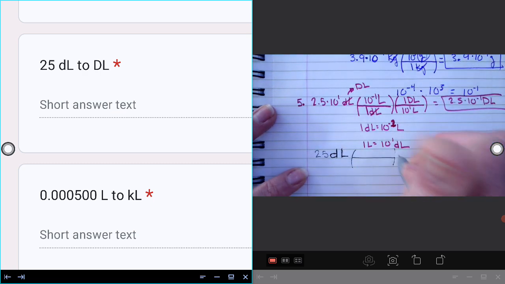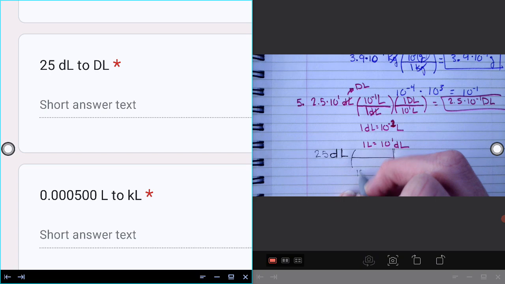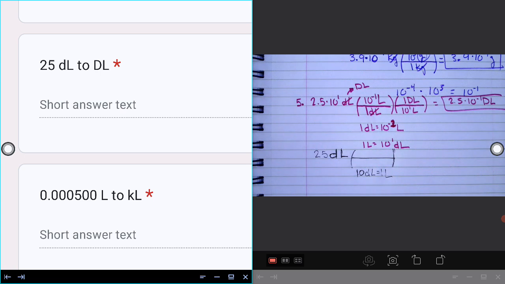So when you looked at your table, you should have known that a deciliter is 1/10 of a liter. So there are 10 deciliters in 1 liter. This pen is taking a break, so we're going to put the 10 deciliters on bottom.